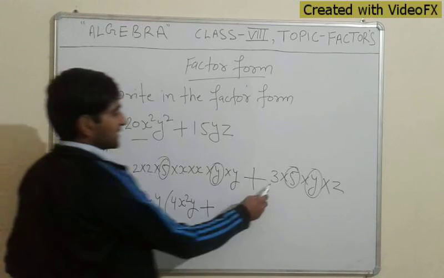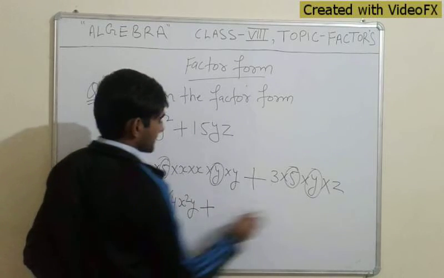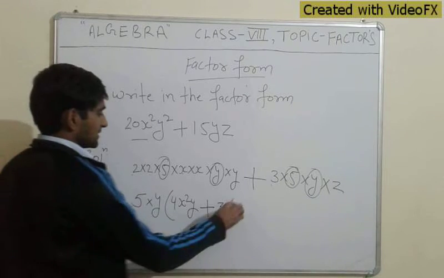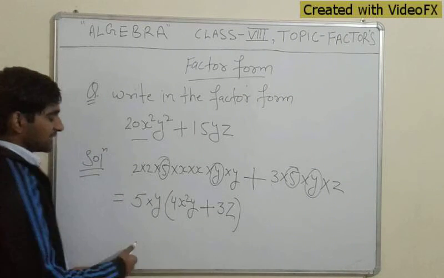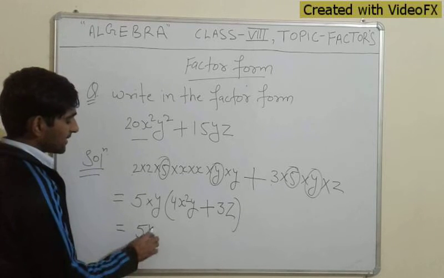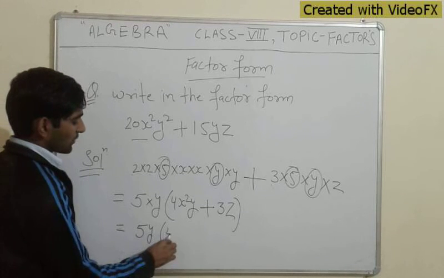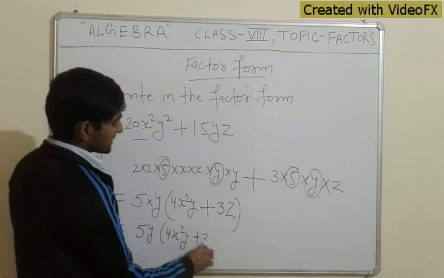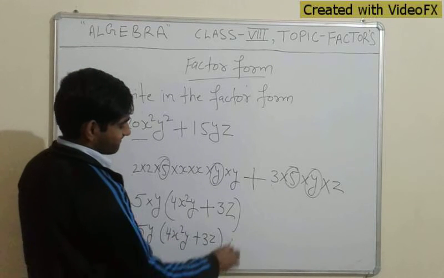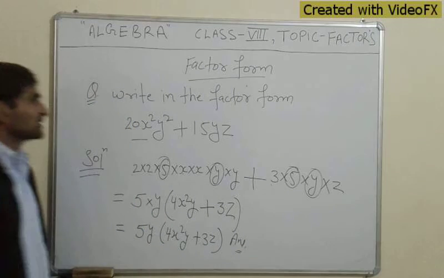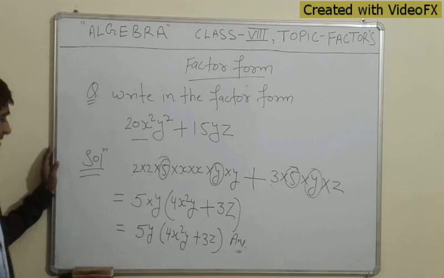Then 3 and z, 3z. The final answer we can write is 5y into 4x square y plus 3z. Hope these questions are very easy.